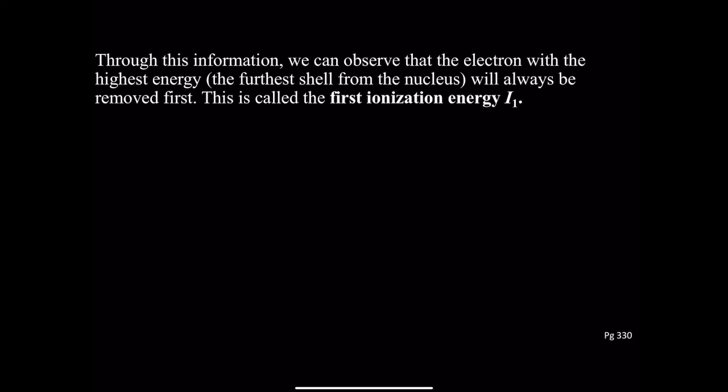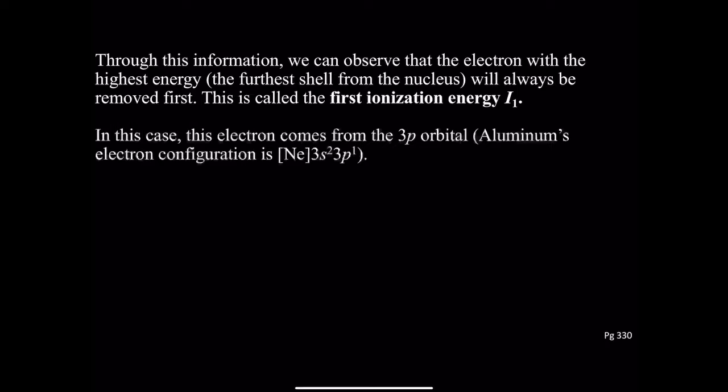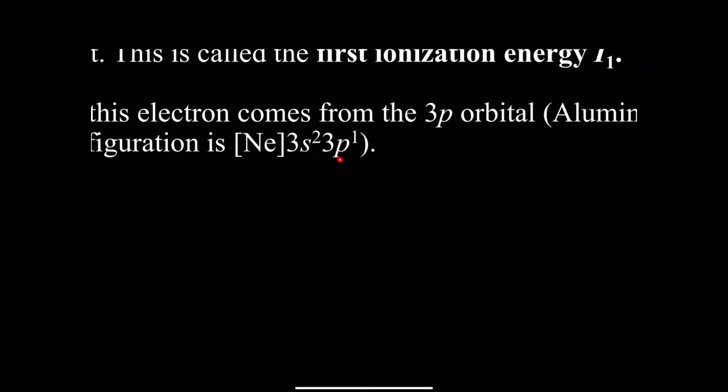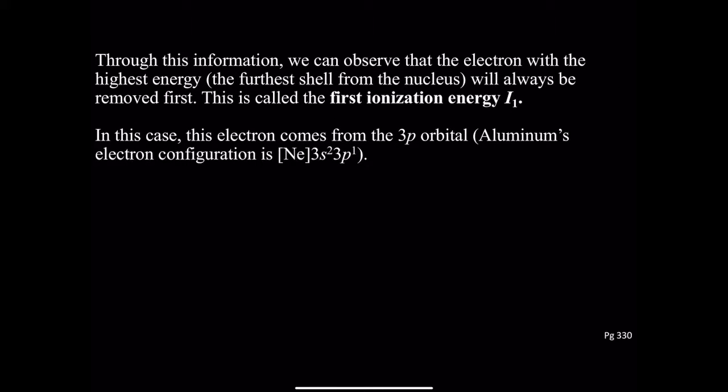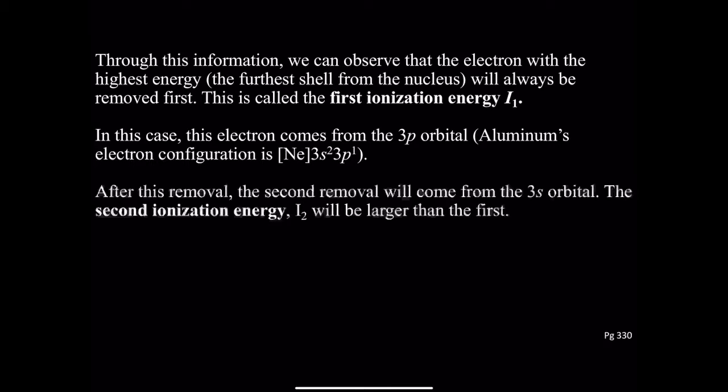We call that the first ionization energy. In this case, the electron comes from the 3p orbital, right there. You can see the electron configuration of aluminum. So we're taking away that p electron right there.